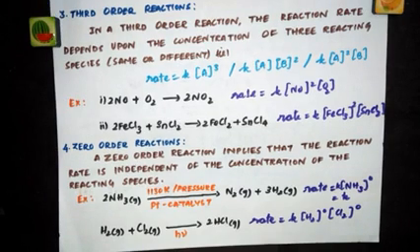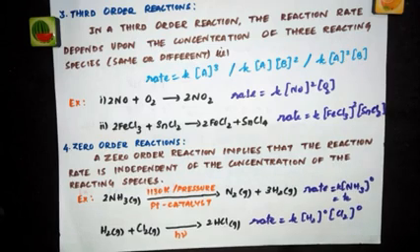And in the previous video, we have already seen how to write the rate equation for a multi-step reaction. We consider only the slowest step, which is the rate determining step. So how to find the order? Add the powers of the reacting species in that rate equation. That gives you the order of the reaction.